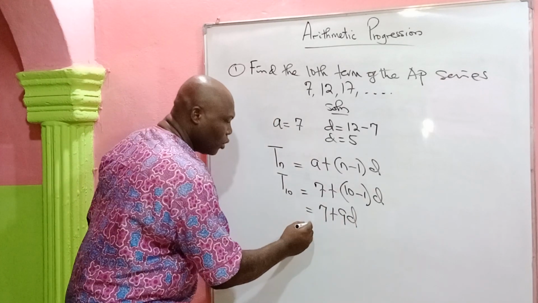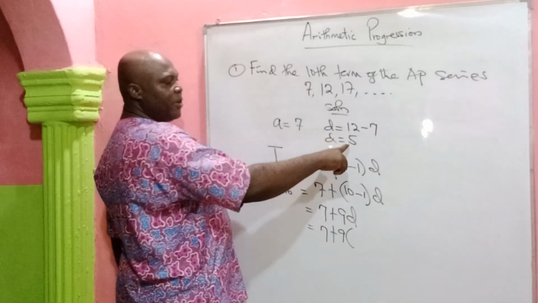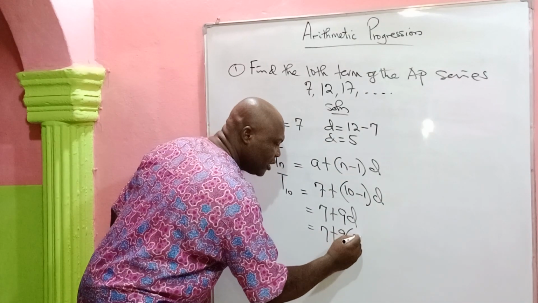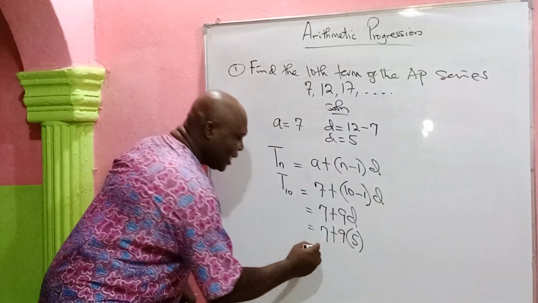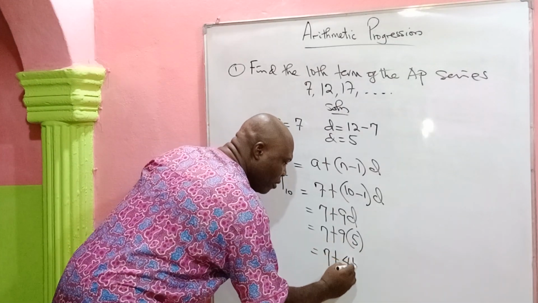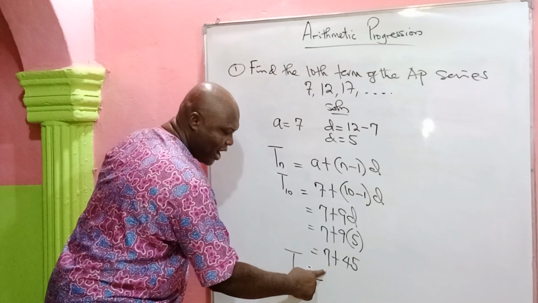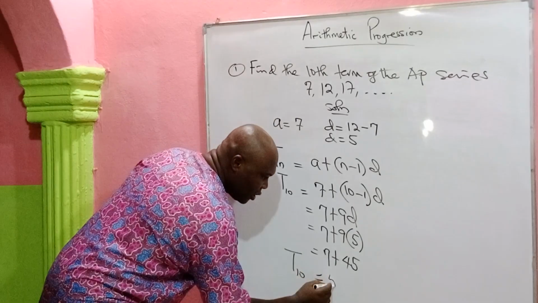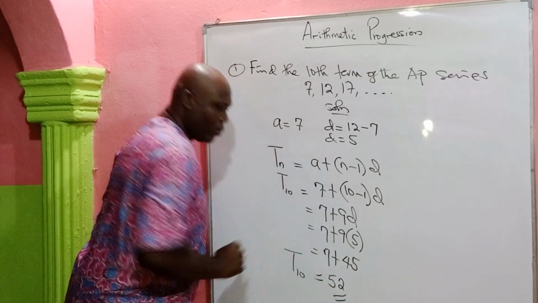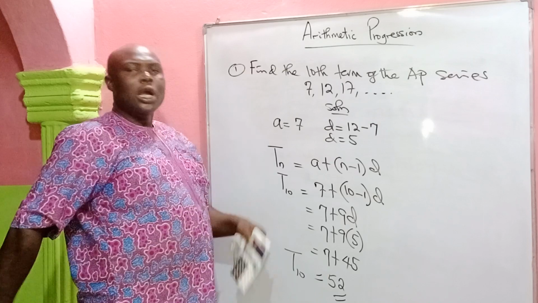We have calculated the common difference to be 5. So 9 times 5 gives us 45, and therefore the 10th term equals 45 plus 7, which gives us 52. We are done with that.